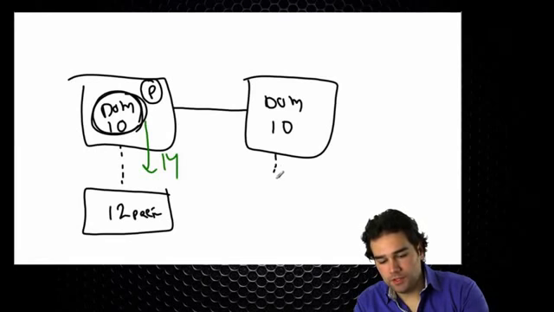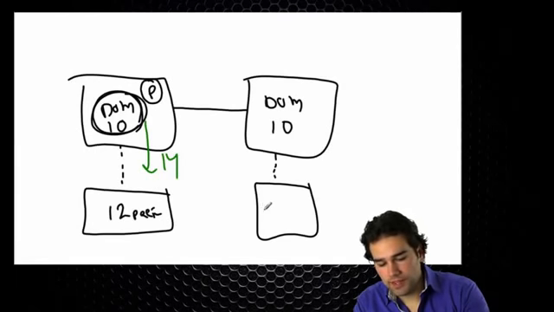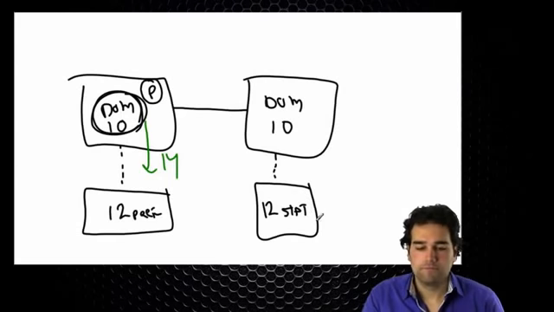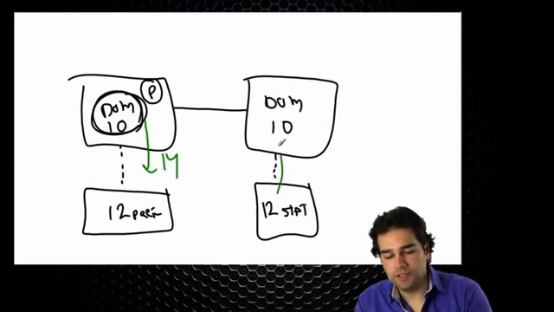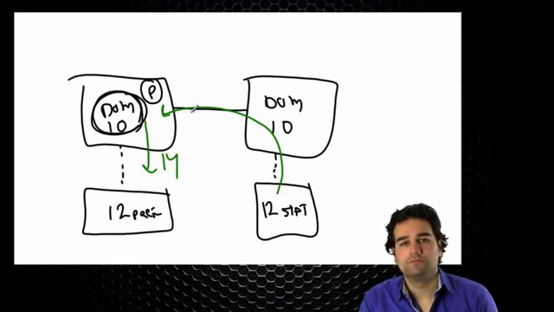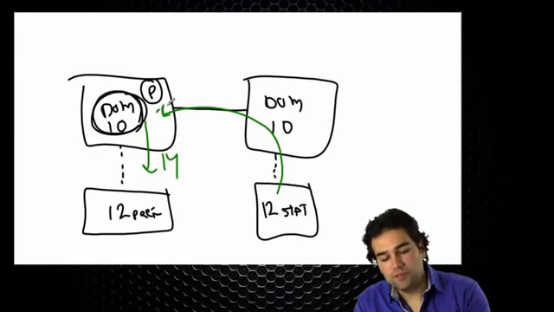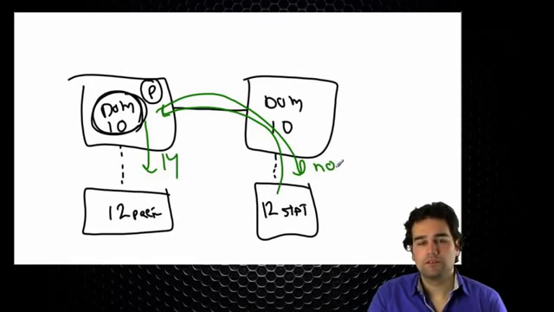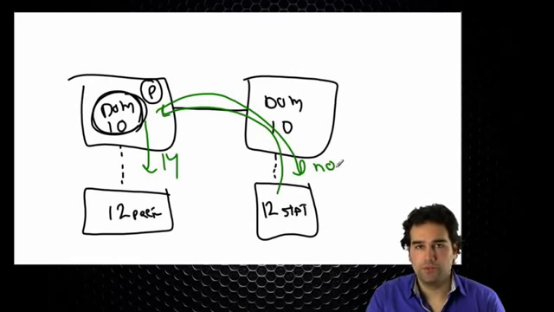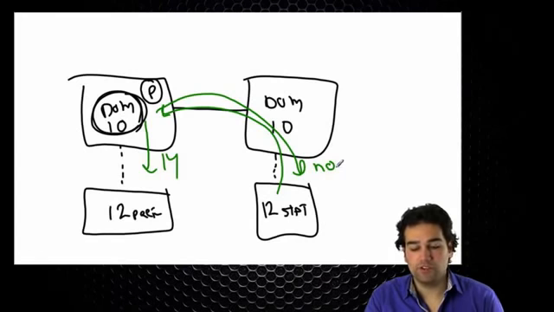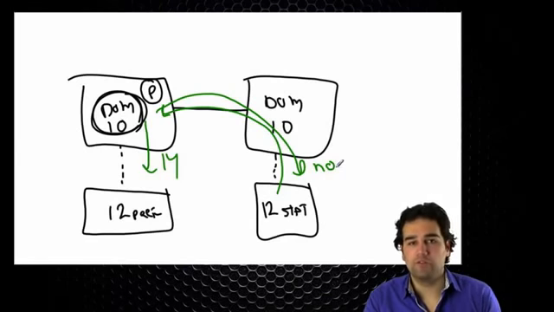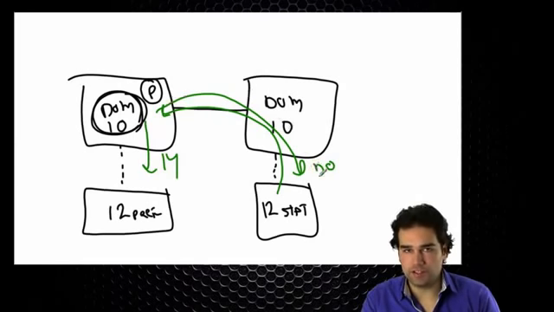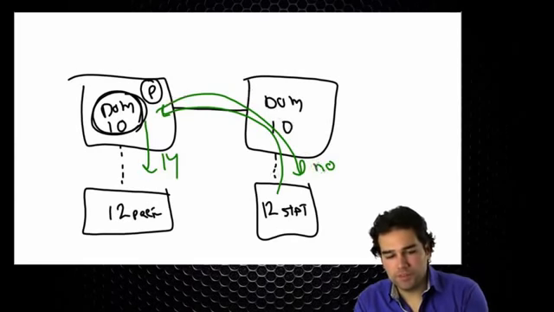Now another switch comes online. It has 12 configured statically. It will do the same request. I need 12. The reply from the principal switch will say, no, I do not have 12 for you. You can ask for it, you can demand it, but I do not have it for you. So I reply with a no. I reject your request. Now what will happen with this switch?